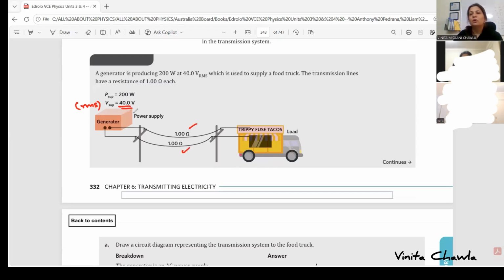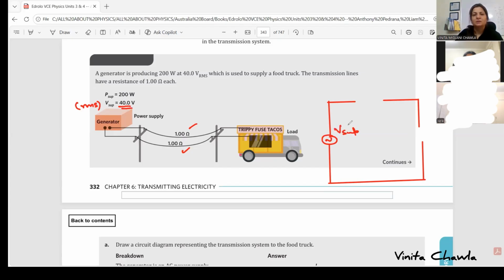See, we can redraw the circuit as this. This is the supply. We can write V supply here.